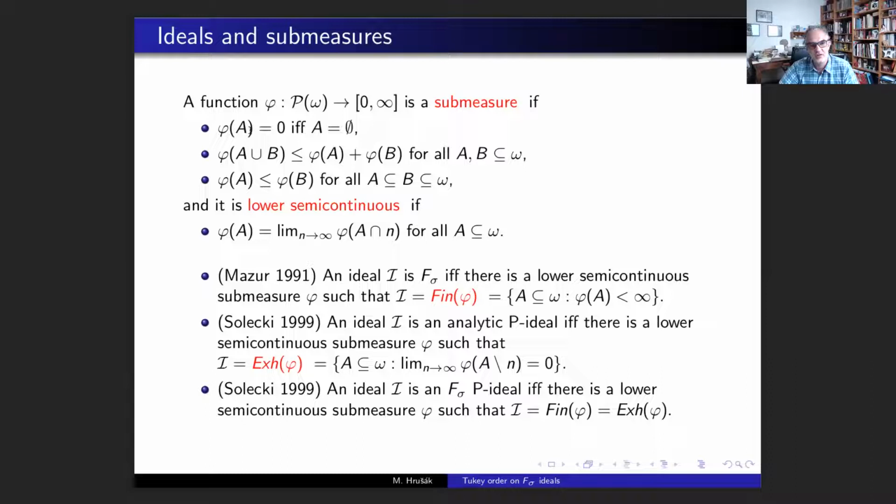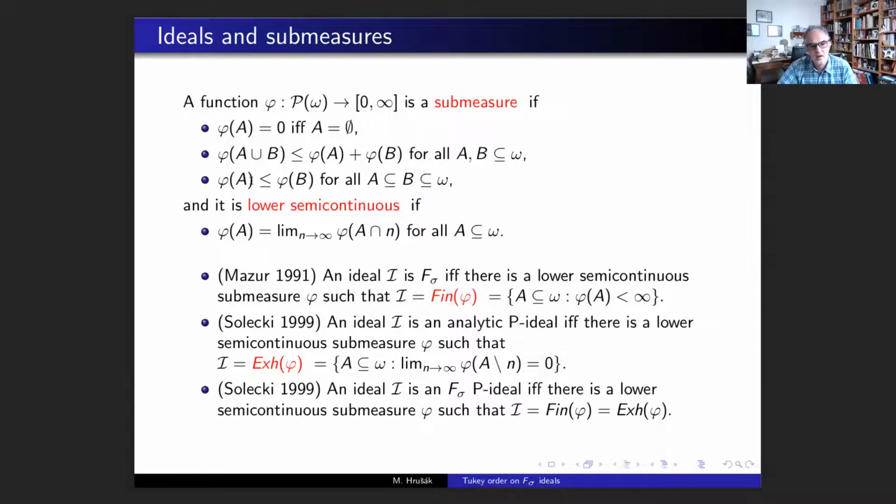It's a submeasure if the only set that it measures with 0 is the empty set, it is subadditive, meaning the submeasure of a union of sets is bounded from above by the sum of the submeasures of the sets, and it's monotone.